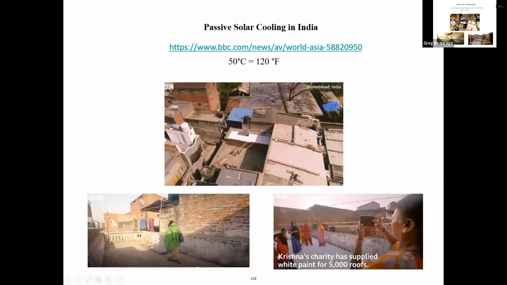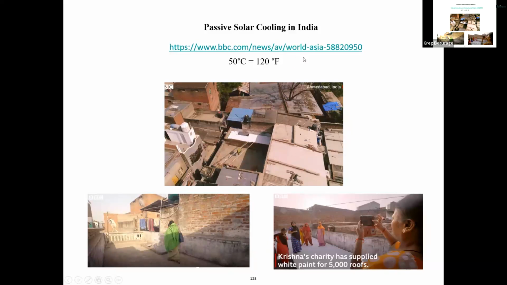Just by painting the roof white like this, I think they can change the temperature inside the apartment by something like 10 or 20 degrees. Because the sun's out and it just absorbs on the roof. If you can reflect it, that's a huge difference. So the idea is just paint everything white.